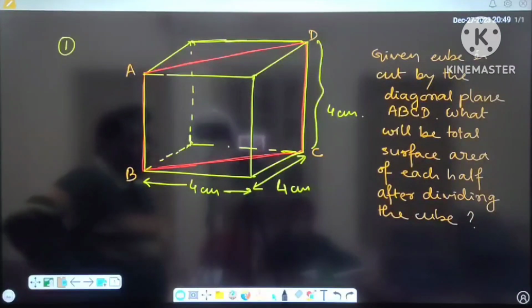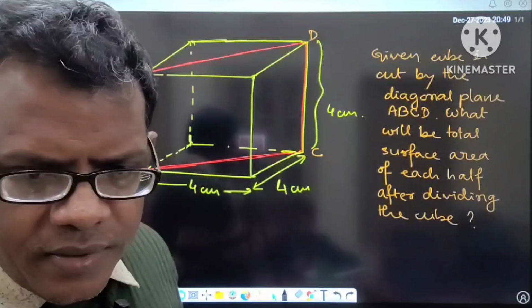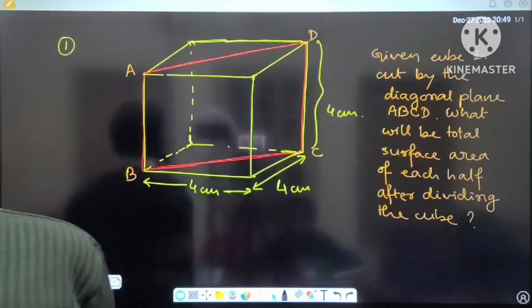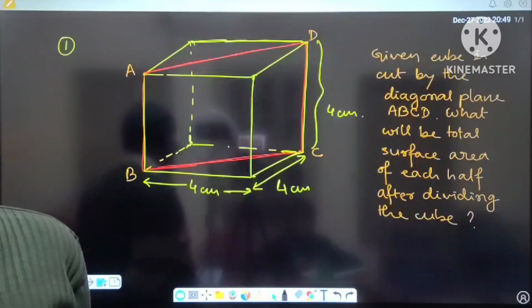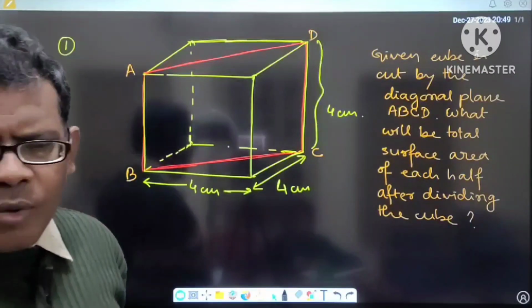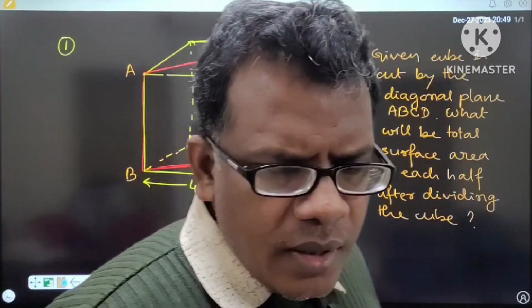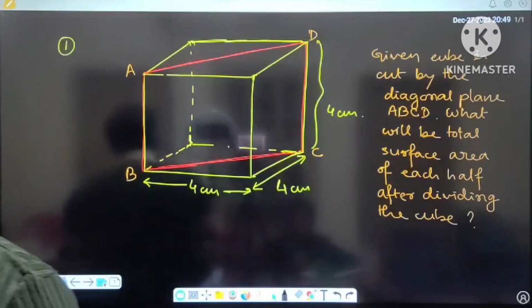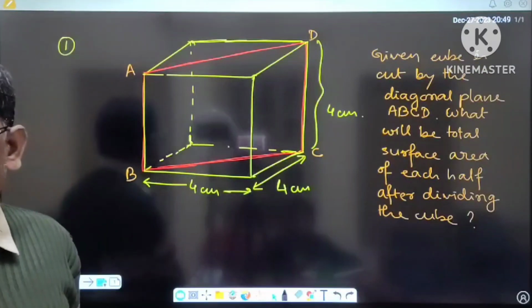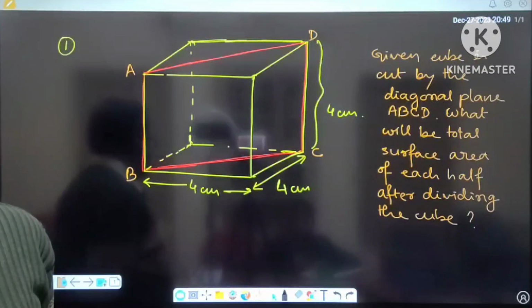Can you tell me, once you divide this given cubical block in two equal halves by the diagonal plane ABCD, right? Then once the division is done, the two equal halves are found, right? So how many faces and what type of faces will you get in each part?